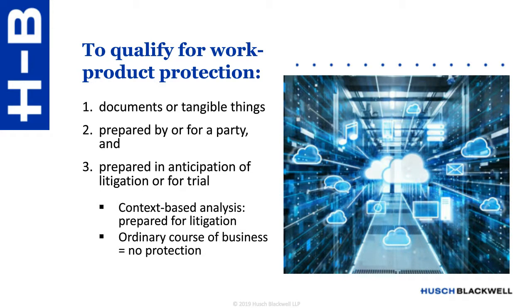But note that documents prepared after a litigation hold is put in place will generally be protected. Some courts de-emphasize the time requirement of imminence and focus on the motivation behind creating the allegedly protected material. For those courts, the party has the burden of demonstrating that use in litigation was the motivation underlying the preparation of the document subject to a claim of work product protection.